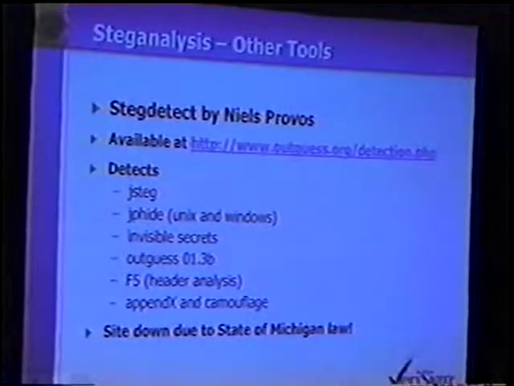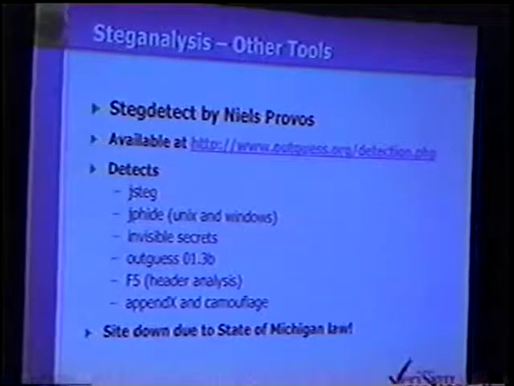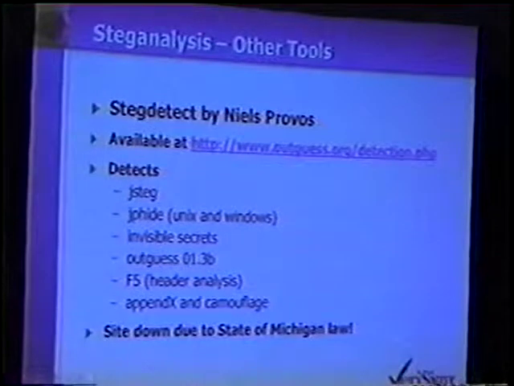But as I said earlier, his site is down due to the state of Michigan law questioning some of his research. I can tell you, though, that it is on the Penguin Sleuth forensic CD. So I think before they shut down his site, someone took a copy of it and put it out there. If you download that image from the Linux forensic site, you can get a copy of it that way.